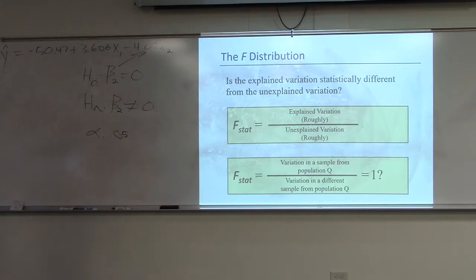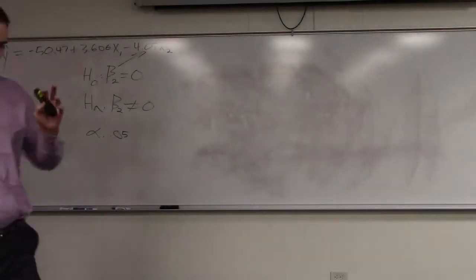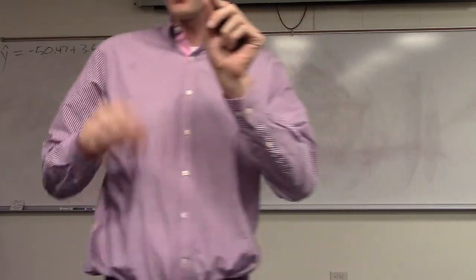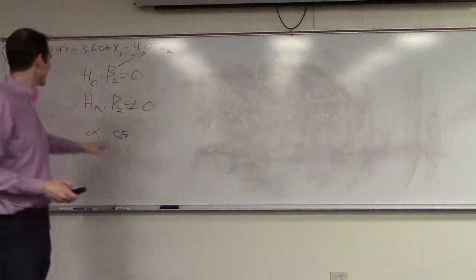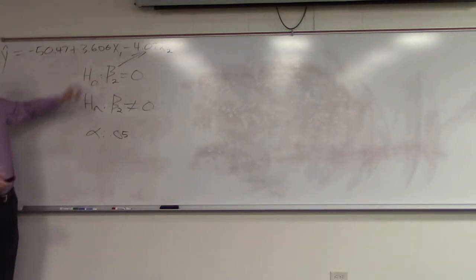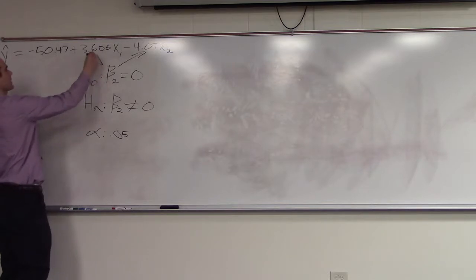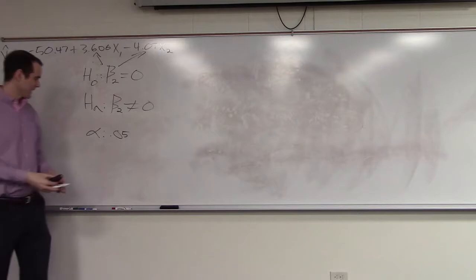Okay, so we're ready for the big new thing tonight, which is that F-stat, which allows us to look at the regression equation as a whole. So the individual t-stats are what we use to do a hypothesis test for each individual coefficient. You can see we did a hypothesis test for this one, and we did a hypothesis test for that one using the t-distribution.